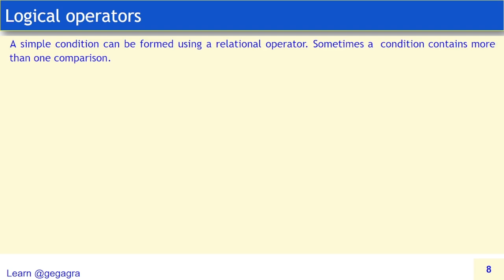A simple condition can be formed using a relational operator. Sometimes a condition contains more than one comparison. When we have multiple comparisons, we have to use logical operators.